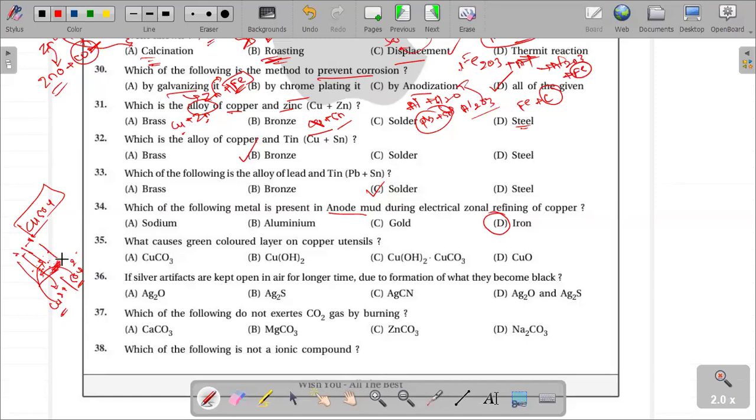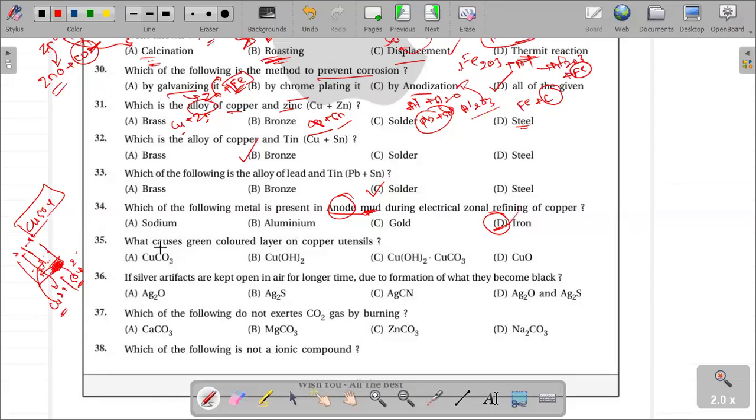At the bottom of the beaker, on the anode side, if it is the mud mixture, everything will deposit on the anode side. That's why we are calling it anode mud. The anode mud contains iron mixture, iron or sand or mud or minerals, everything will be there. Among the following, iron is also one of the compounds.